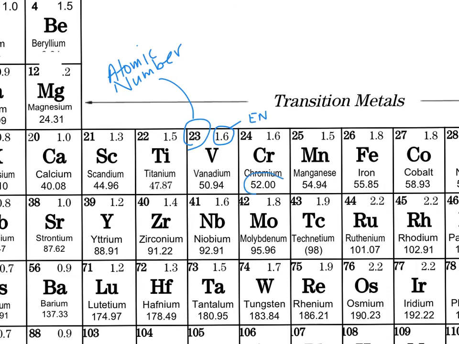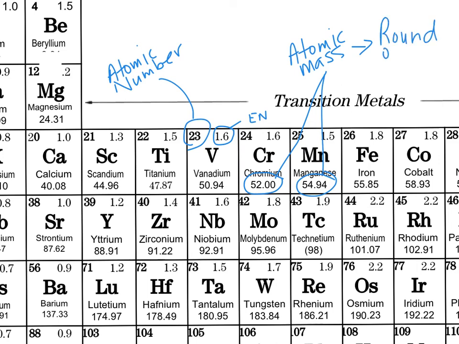And this number below, this is the atomic mass. It's an average number, so they take the average of all the isotopes. So it's an average, so basically we can round it off to the nearest whole number, and then it becomes the mass number for when we calculate the number of neutrons.